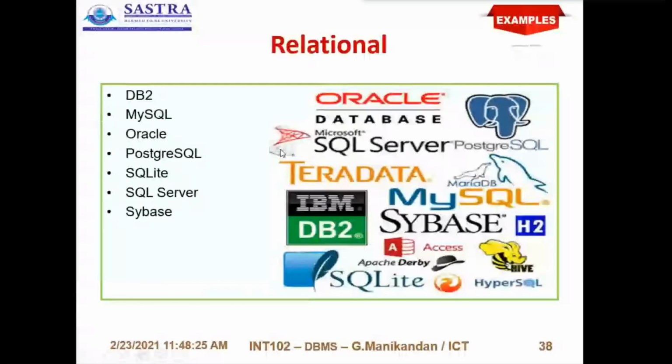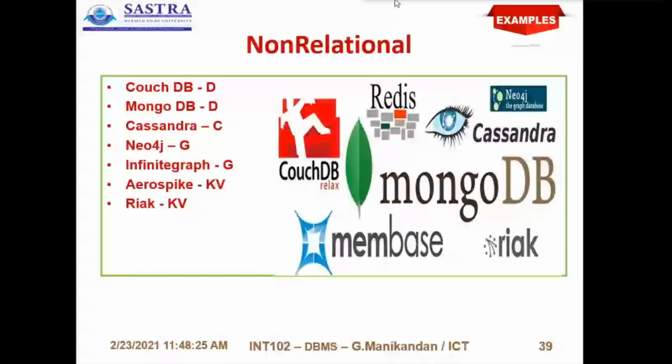And some examples of non-relational databases. Here I have mentioned: D stands for document, C stands for column, G stands for graph. If you take Neo4j, the data is stored in the form of a graph, whereas in the case of Aerospike, data is stored in the form of KV, key value pair.